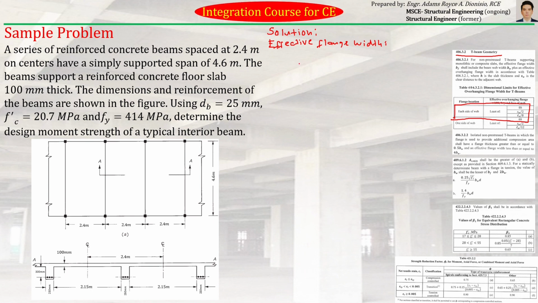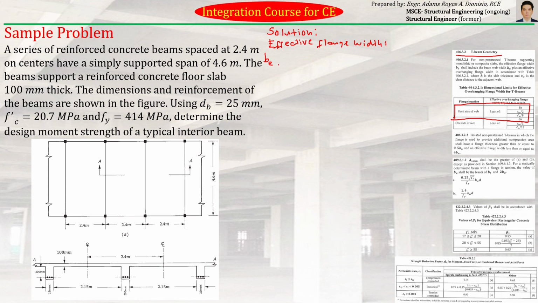So sabi niya dyan, yung effective flange width, which is bf, I'll just use be na lang. I'll just use the notation natin dito sa discussion para consistent lang. But you have to remember sa code, yung effective flange width is designated as bf, and then yung thickness is hf sa code.